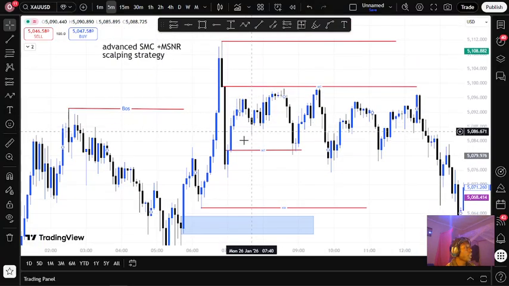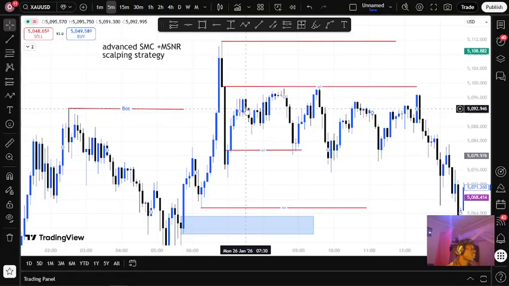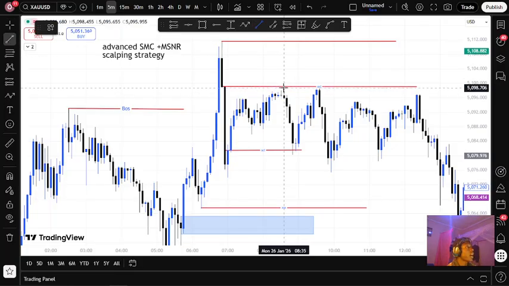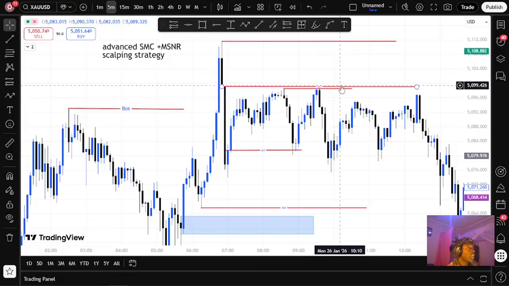The reason why this was my POI, and this also my POI, is because it's a zone where you can see a fair value gap at this point, and this zone also has an inducement or liquidity. An OCL is valid when it has liquidity resting at that zone.